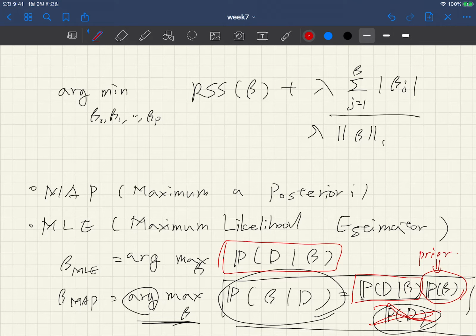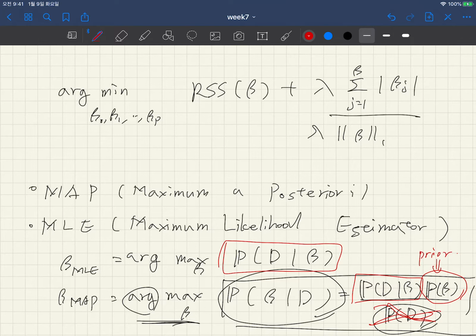MLE does not weight anything on your parameter, but MAP considers something. If the parameter looks very general, then you weight it more. If your parameter looks very weird, then you weight it very little. So MAP people believe that there exists some prior knowledge on your parameter, and we have to utilize that prior knowledge.